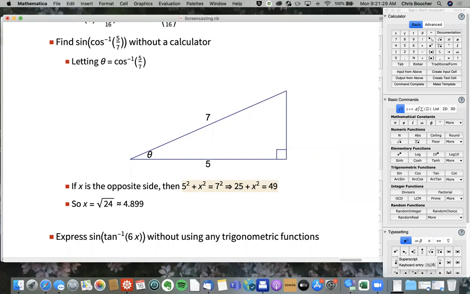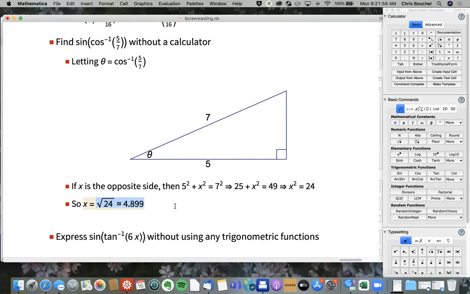And then when I subtract 25 from both sides, that means that x squared is equal to 49 minus 25, which is 24. And then I take the square root of both sides, and technically I would get plus or minus the square root of 24, but x is the length of a side of a triangle, so it can't be negative, and I'll just throw out the negative solution, and I get x is the square root of 24, or about 4.899 on my calculator.